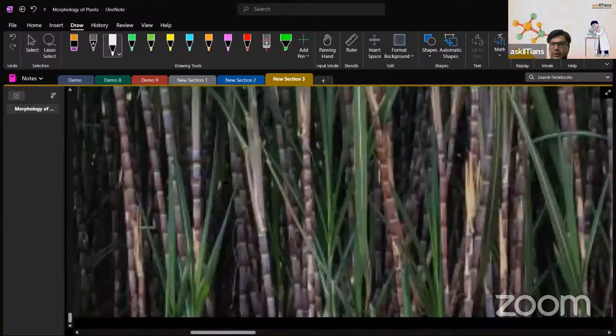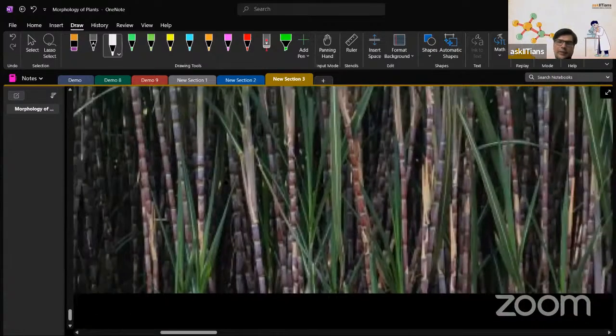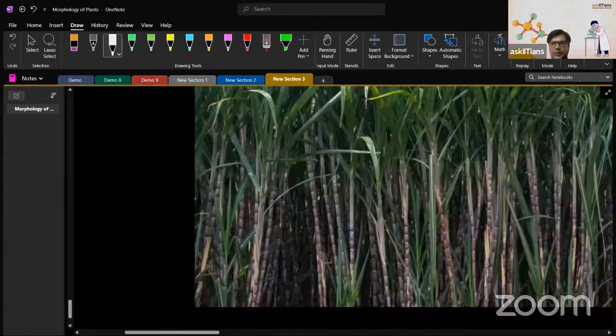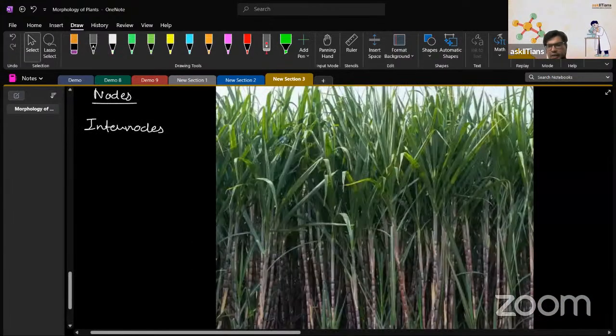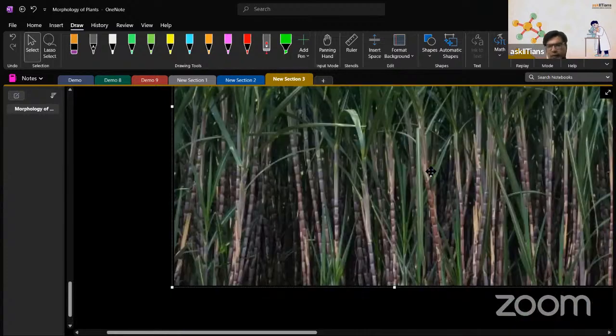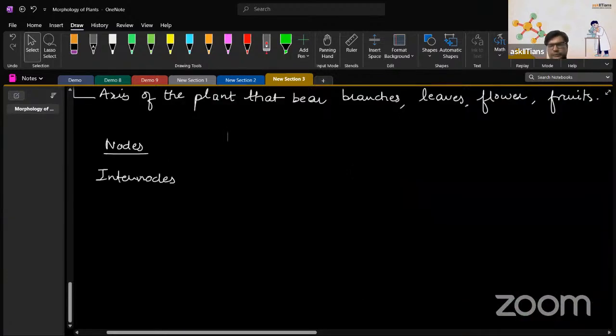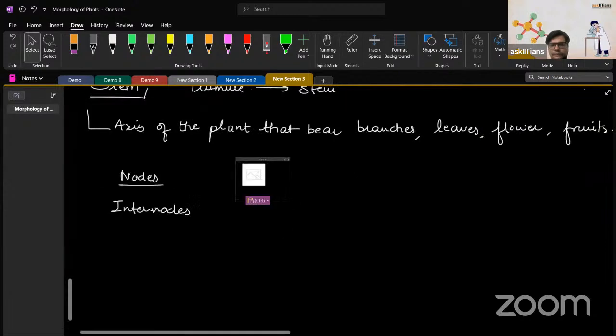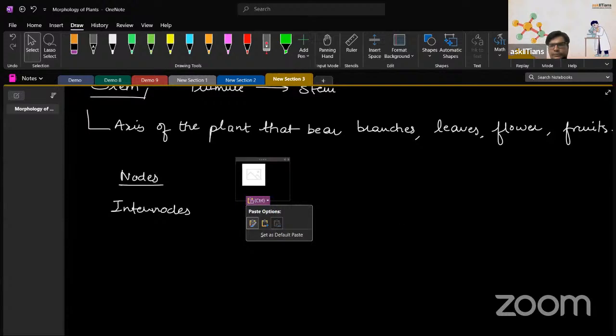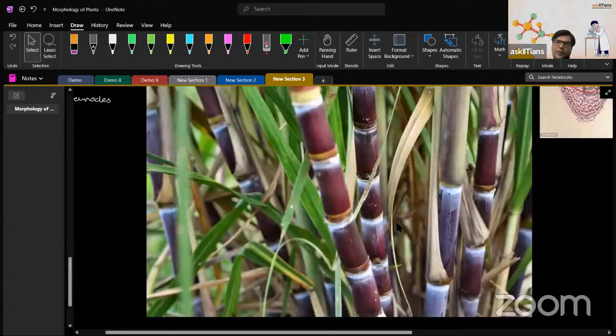Let me use another, closer picture. Yeah, so this is the sugarcane that I was talking about.